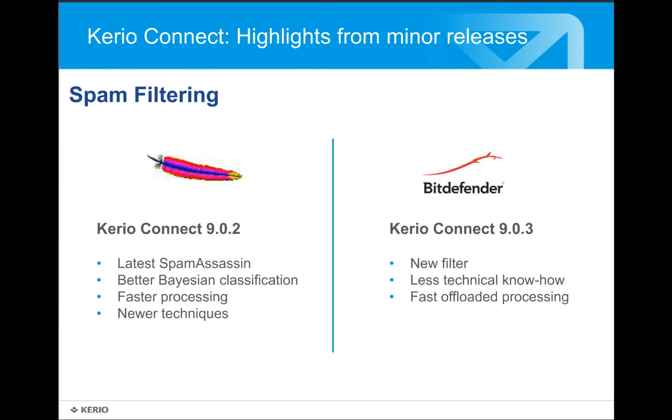It uses Bitdefender's cloud, and it has fast offloaded processing, which takes the load off your Kerio Connect server. So with that, we have a lot of options for anti-spam now, with the choice of the inbuilt SpamAssassin engine and also the additional Bitdefender extension.